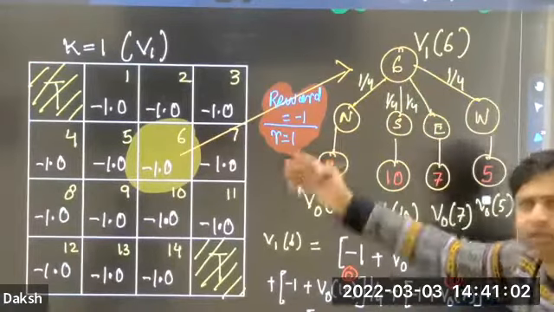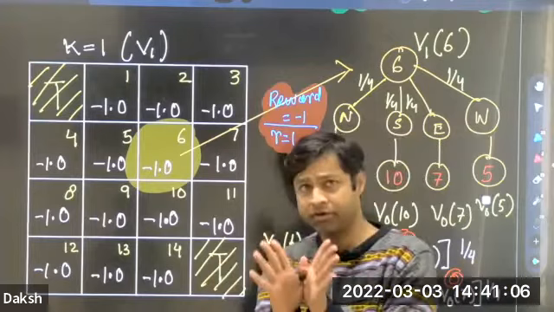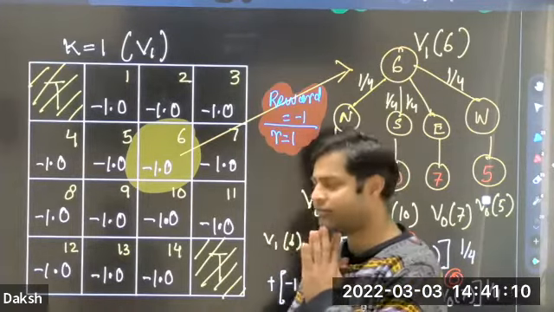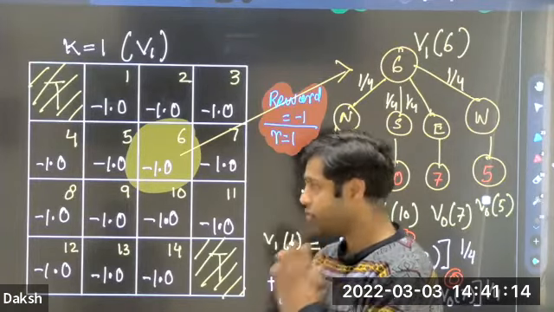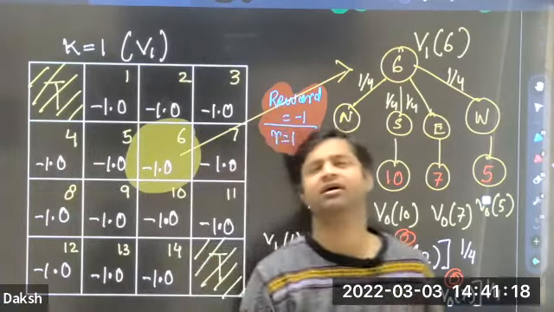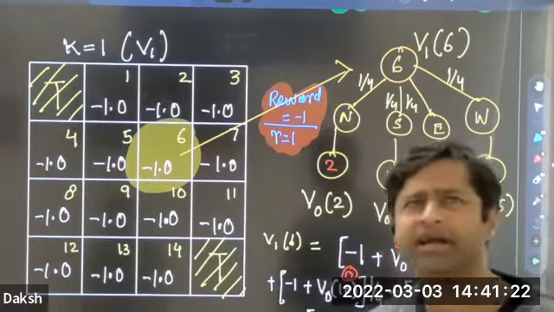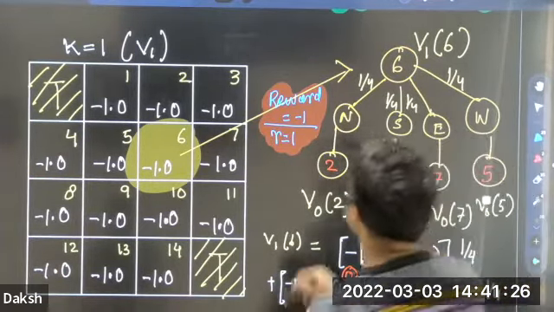K equal to 1, V1, understand. You need to understand one fact, that these values are going to be computed from where? V1 has to be computed from V0, which was your previous thing.